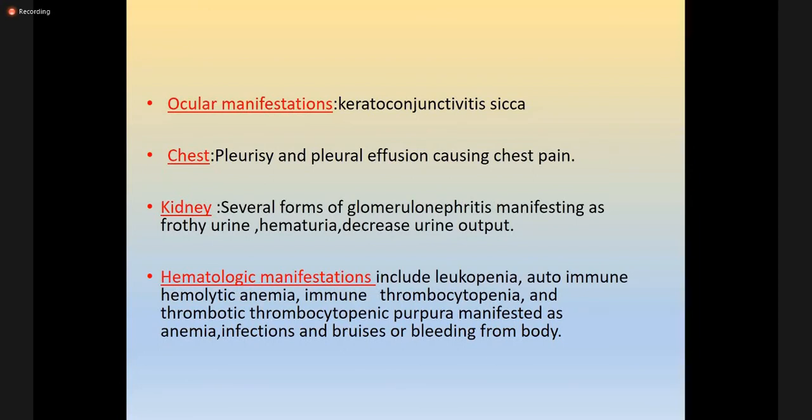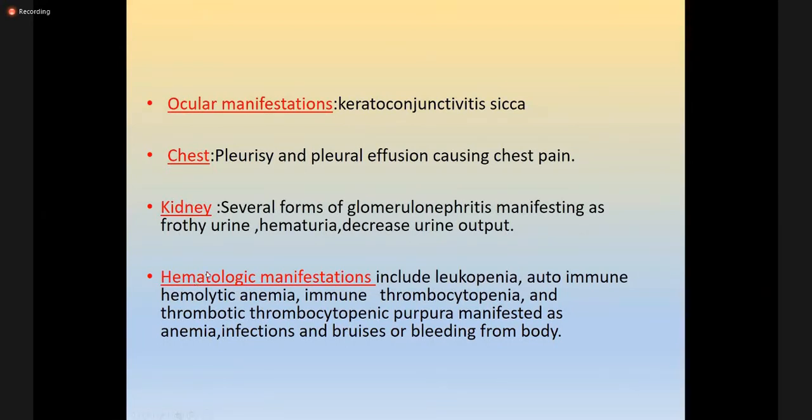Or if the patient is not having gross blood loss in urine, there may be microscopic hematuria, which you will get when you go for a detailed urine report under the microscope. Or if it is a severe disease, or the disease is very active, in both cases you may get features of renal failure in the form of decreased urine output.